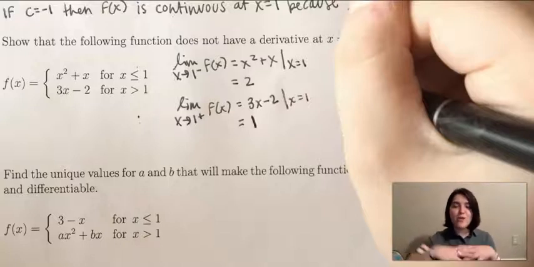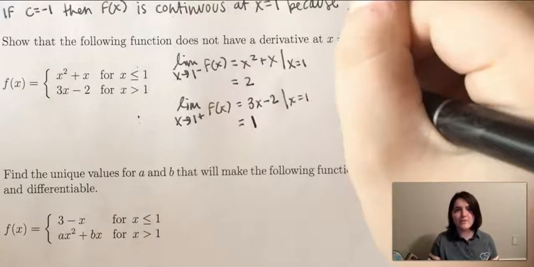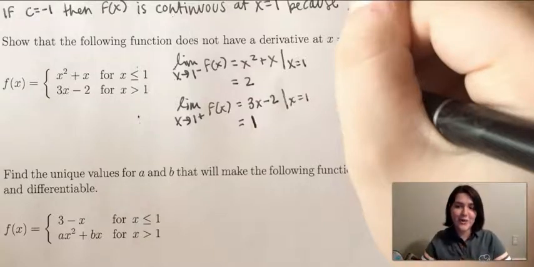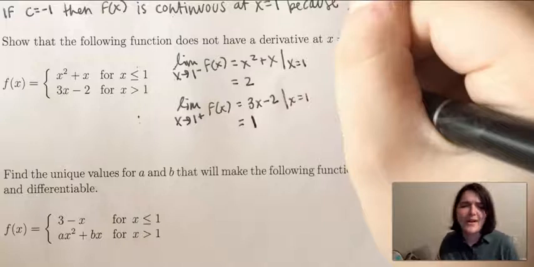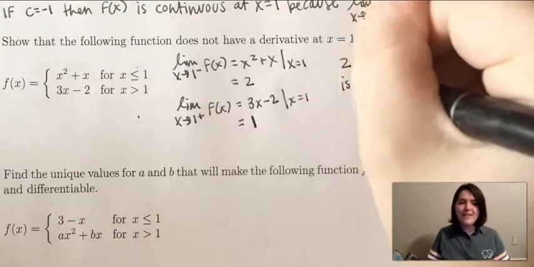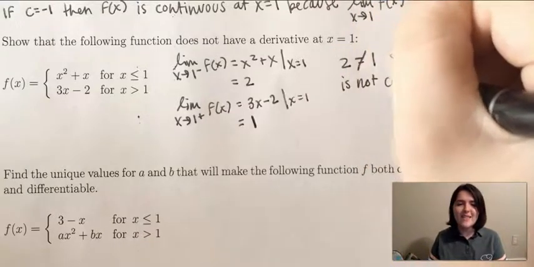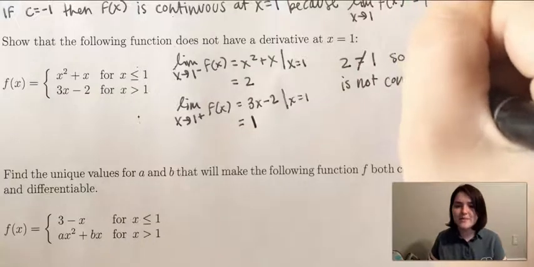So if we show that the function is not continuous, then that means that the function is not differentiable. So that's, okay, that's a better way. If it's not continuous, then it's not differentiable. So since we know how to show continuity, or we know how to show that it's not continuous, that's why we're doing it here. That was a lot. I'm sorry about that. But if it's not continuous, it's not differentiable.